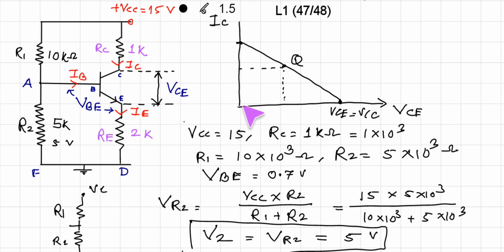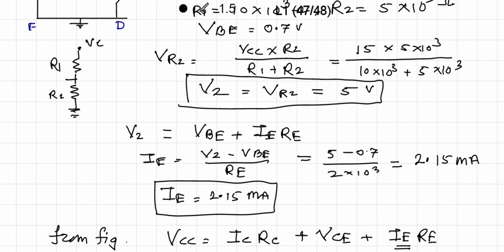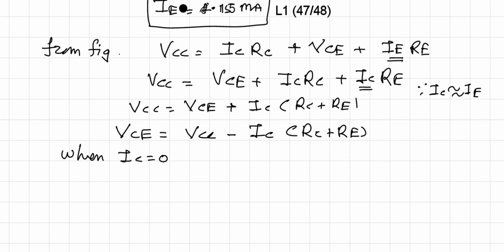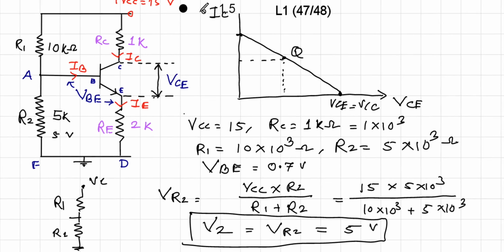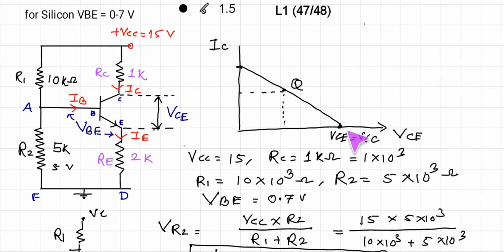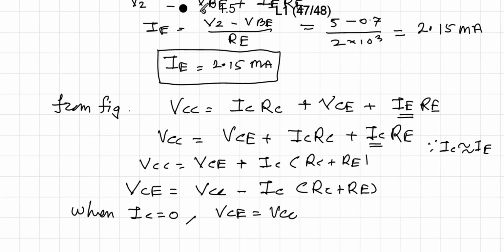When IC is maximum, that means fully forward biased, this voltage is 0. So when IC is equal to 0, VCE is equal to VCC. This locates the first point on the VCE axis. So here we get the first point, considering IC is equal to 0.